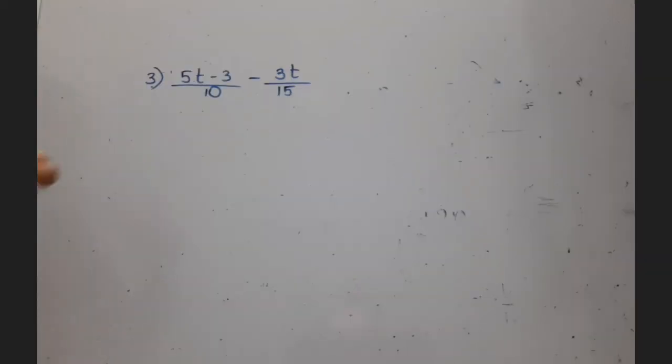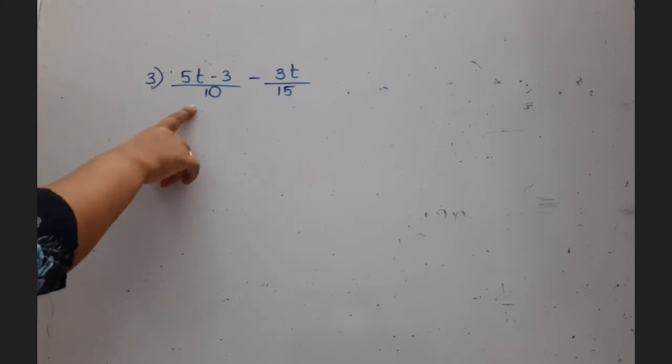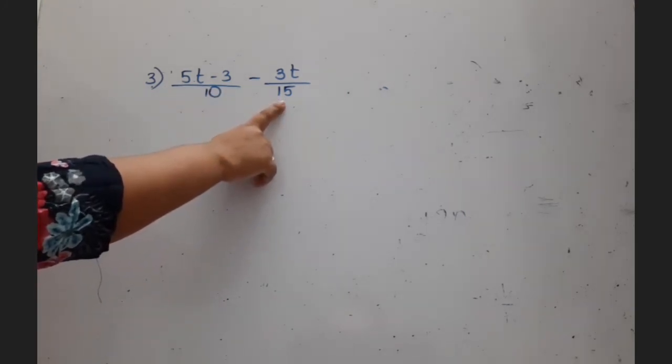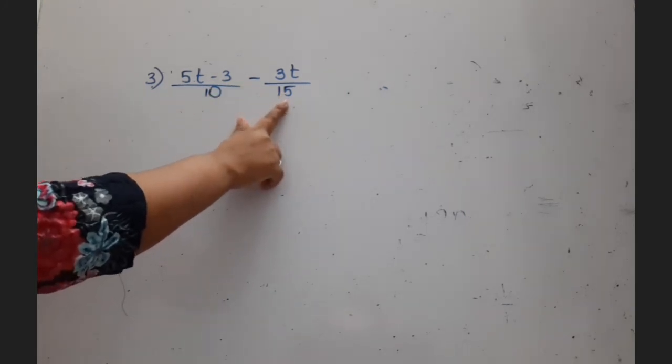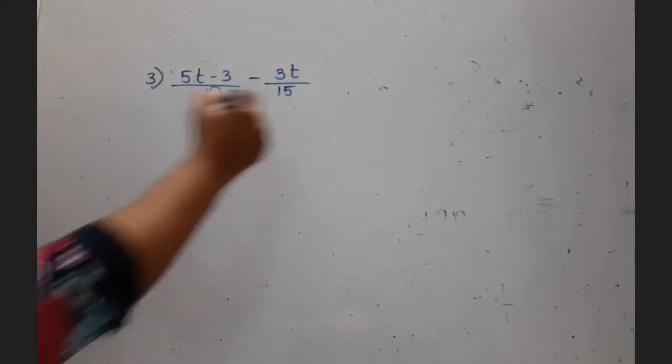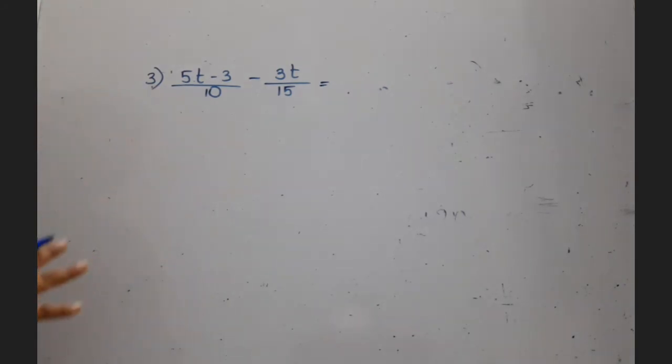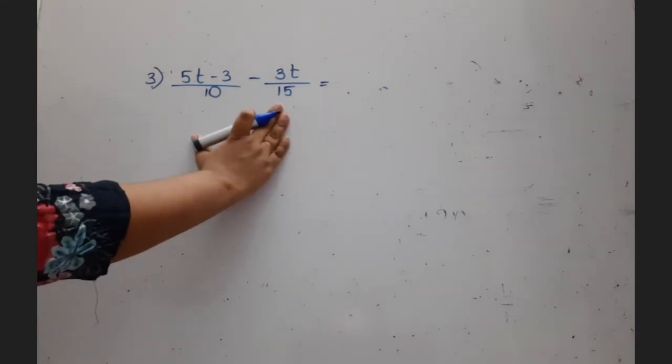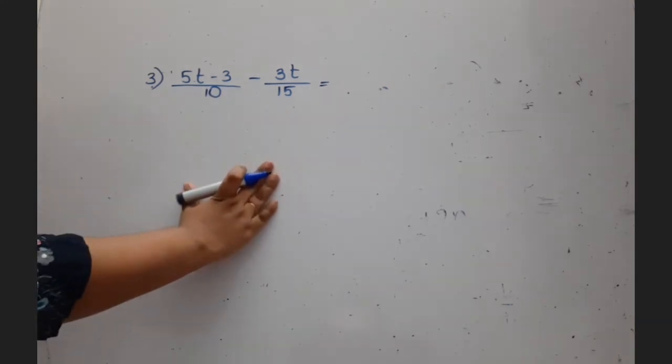So children, this is another example from your textbooks. As you can see here, the denominators are integral values, but they are different. So here you should be aware that you should make the denominators the same first. In order to do that, you should find the LCM of 10 and 15, which is going to be 30. Am I right?